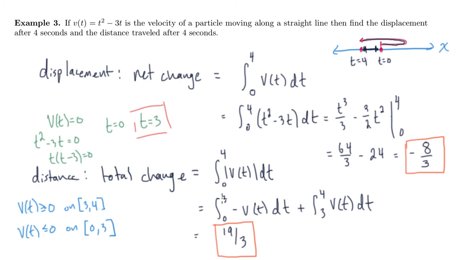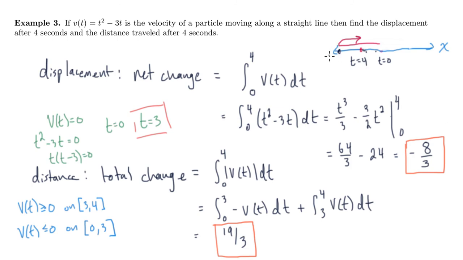And you'll notice that this picture is drawn a little bit backwards, just to ease some confusion. Really, we're starting out going negative, and then at 3 seconds, we turn around right here.